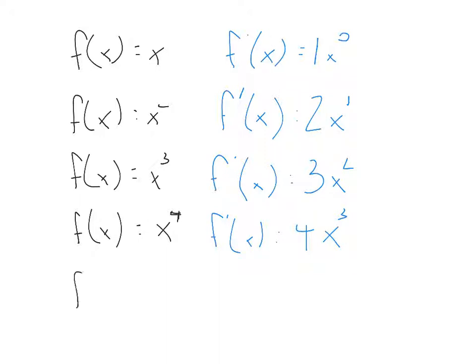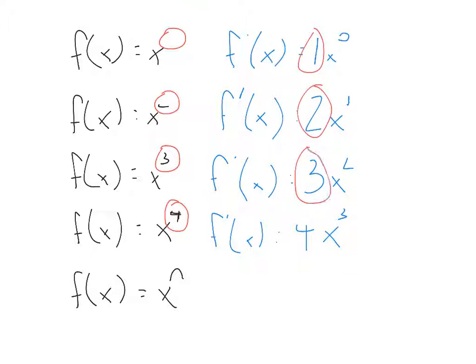So what is the derivative if our original function is x to the n? Now what you notice here is that the original exponent of 1, 2, 3, or 4 became the coefficient. So down here in our derivative, the original exponent was n, and will be our coefficient.